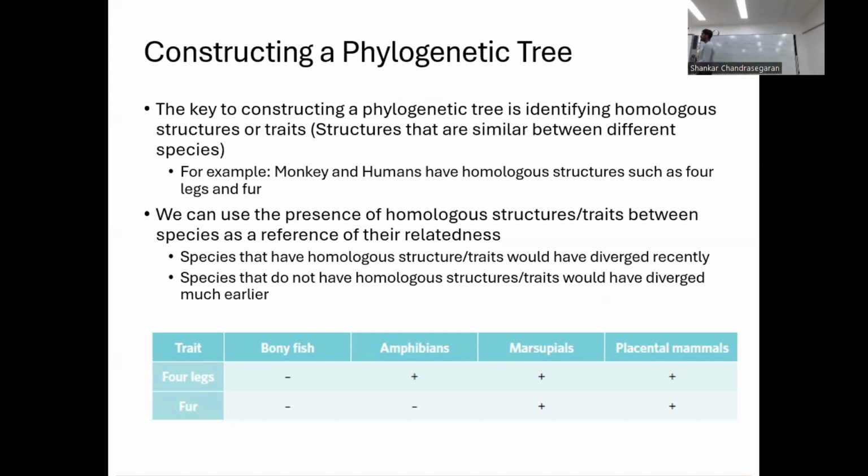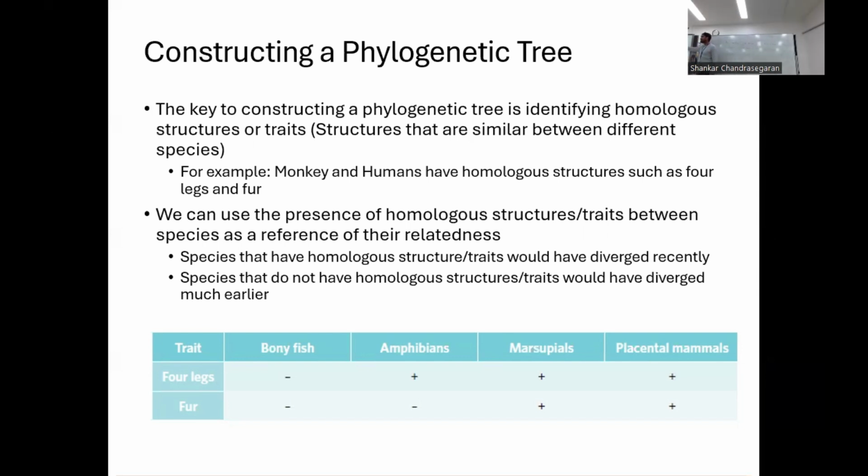So now that we've learned how to read a phylogenetic tree and describe the features of one, we also need to be able to make our own phylogenetic tree using the information that they give you sometimes, right? So the key to constructing a phylogenetic tree is basically, like I said, identifying the homologous structures or traits that they share.